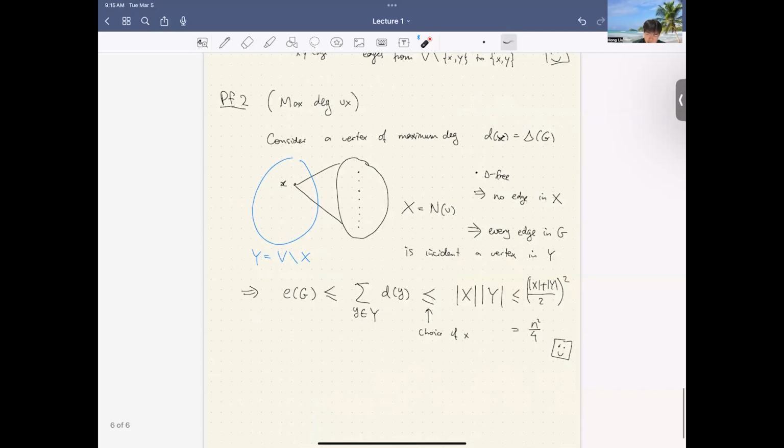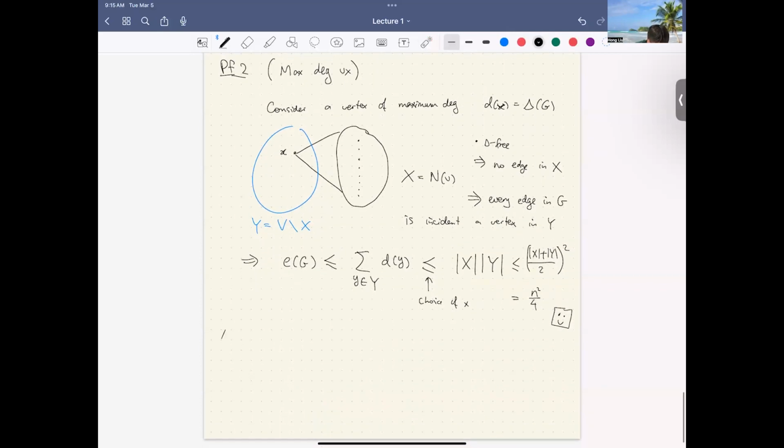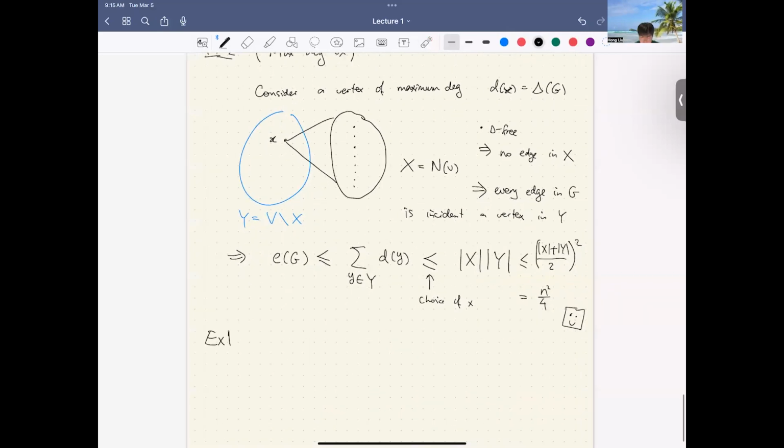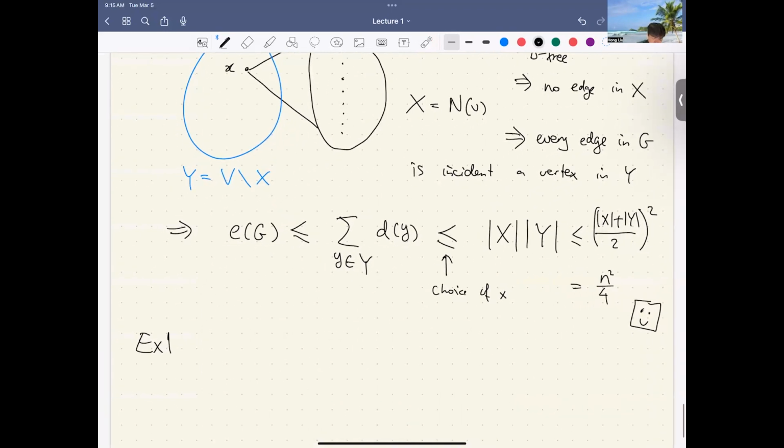So the first exercise for Mantel's theorem: prove that this complete bipartite graph with floor of n over 2 vertices on one part and ceiling of n over 2 vertices on the other part.